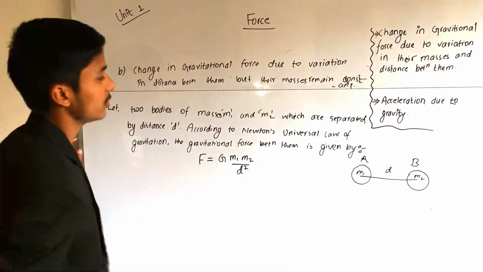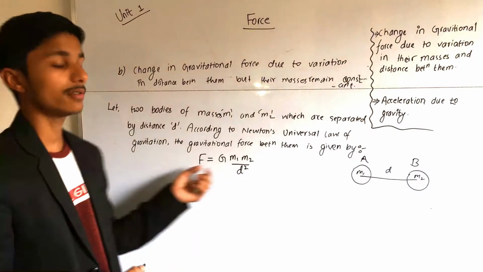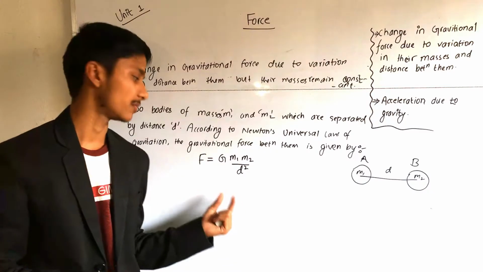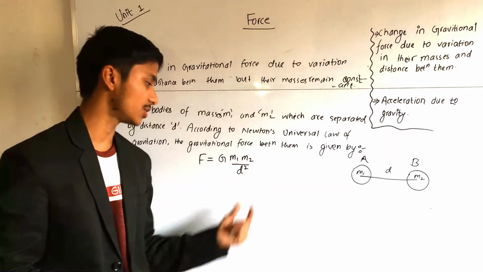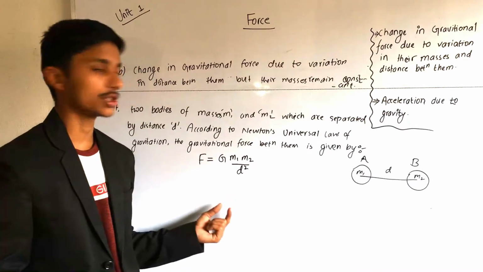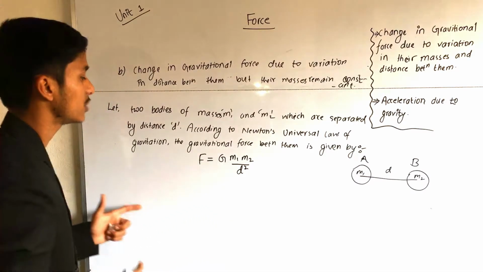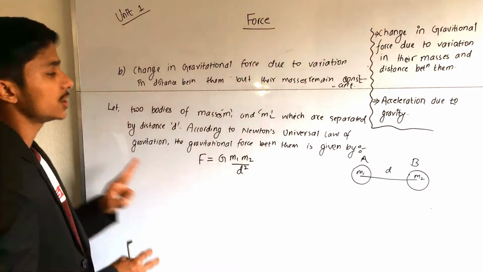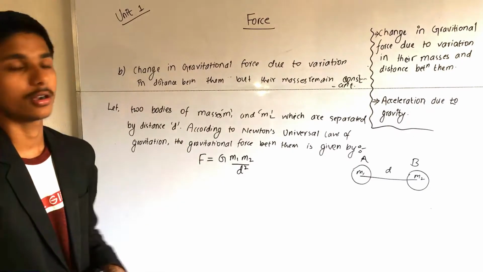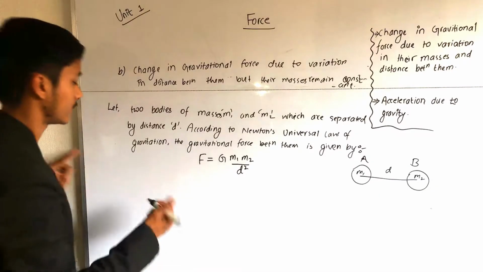So according to Newton's universal law of gravitation, the gravitational force between them is given by F is equal to G m1 m2 by d square. Now we are going to study two cases under this distance topic also.